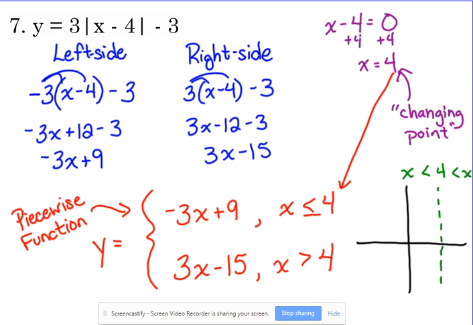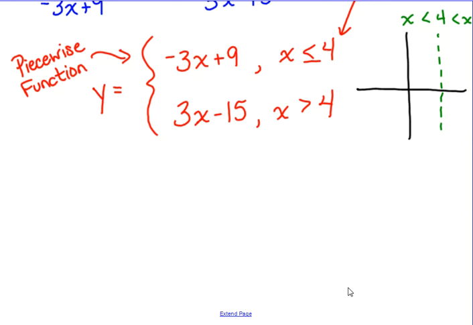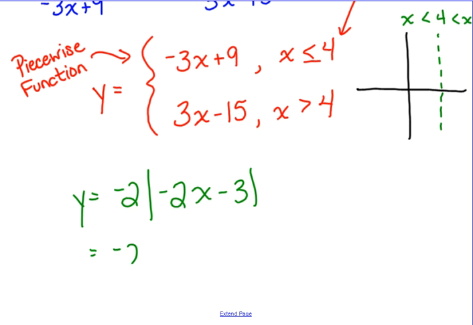You've got to factor out a negative 1 to begin with. I'll get you started on number 8 here. We've got y equals negative 2 times the absolute value of negative 2x plus 3. Turns out that is the exact same thing as negative 2 times the absolute value of 2x plus 3.